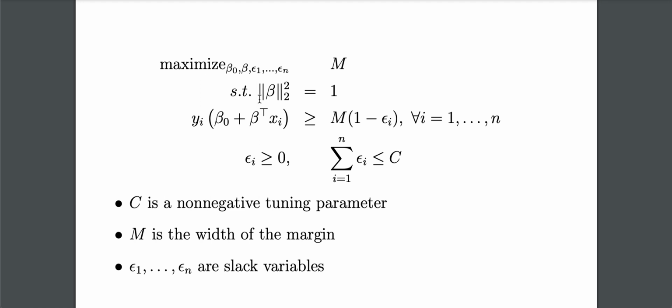But here, it's not so much important because this problem is a convex problem. It has a unique solution, and there are very fast convex optimization packages and algorithms written to solve convex optimization problems. So essentially, this problem looks a little bit complicated, but with a little bit of math, it can be reduced to a standard convex optimization problem.